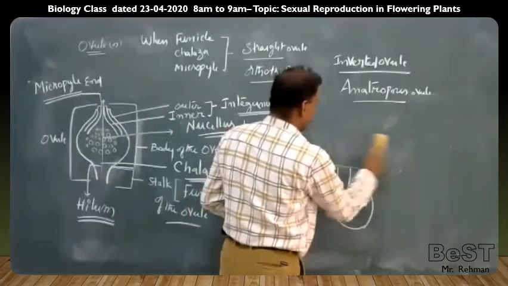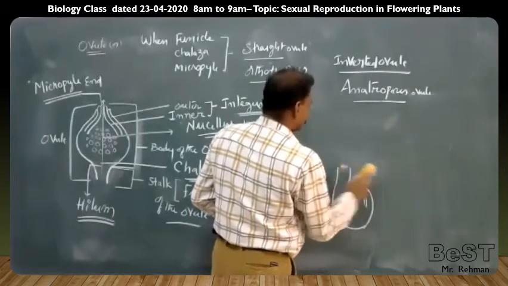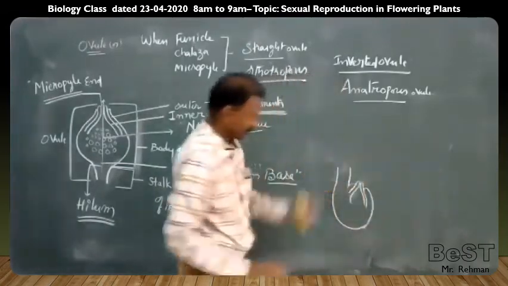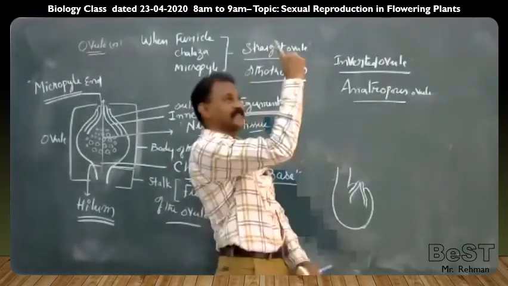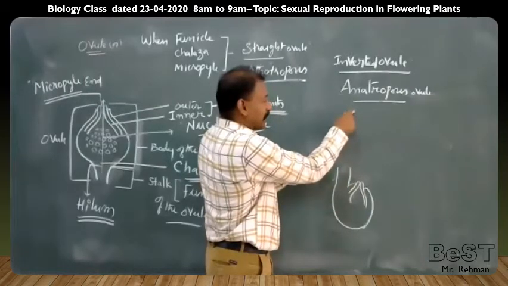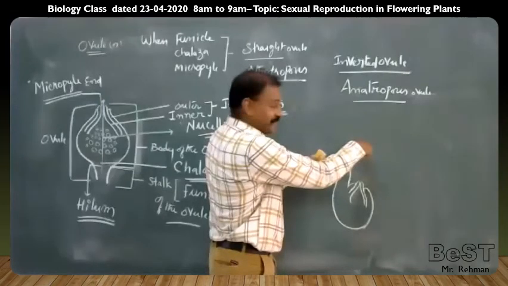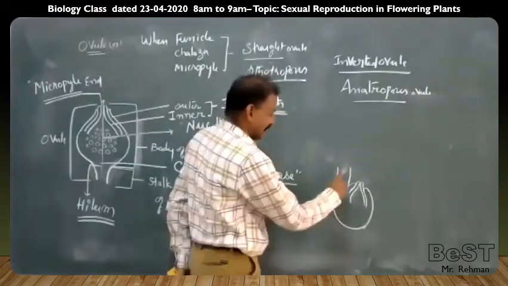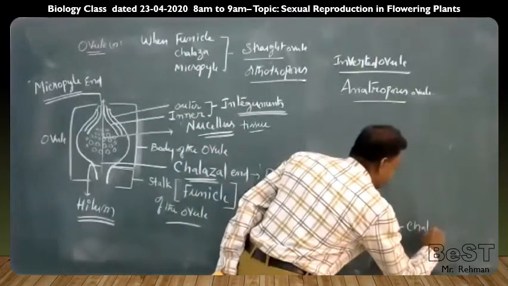Now we have to study the anatropous ovule in this way. Why? Because basal means basal part, apical means upper part. If we study this diagram, chalaza is here, it is the upper part, we should not call it basal. And micropyle is here. That's why if we take a mirror image, we can easily understand this is called the basal part, that is chalaza.